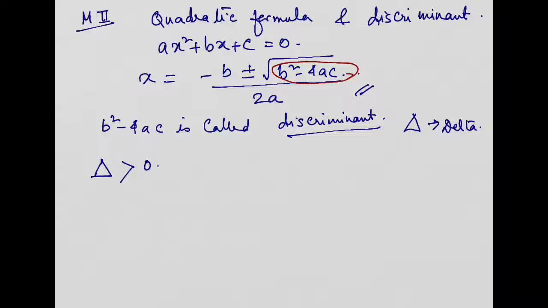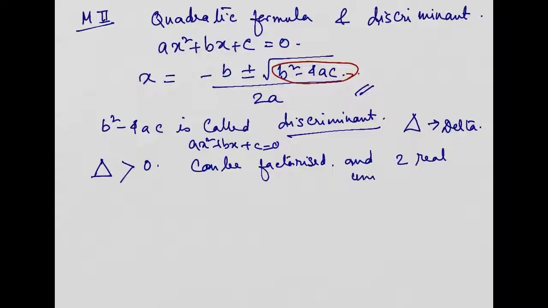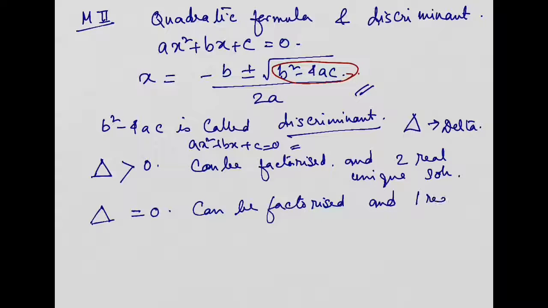The expression ax squared plus bx plus c equals 0 can be factorized and has two real unique solutions. When the discriminant equals 0, then also this expression can be factorized and has one real solution.